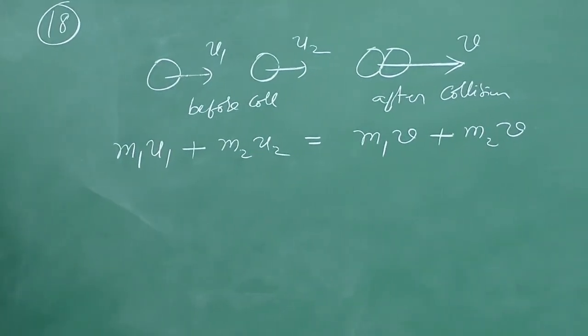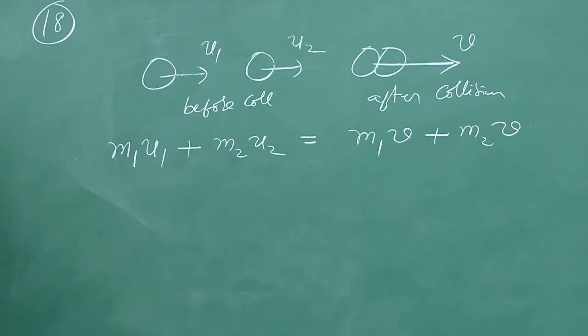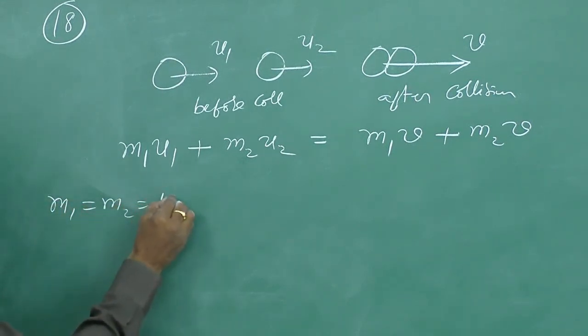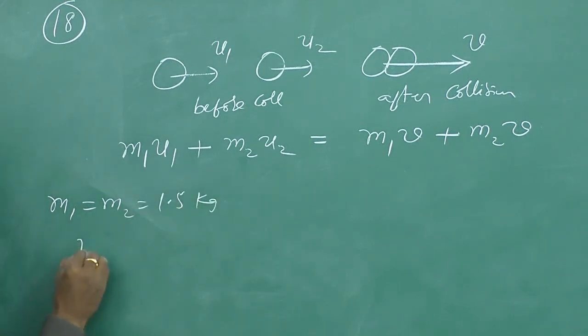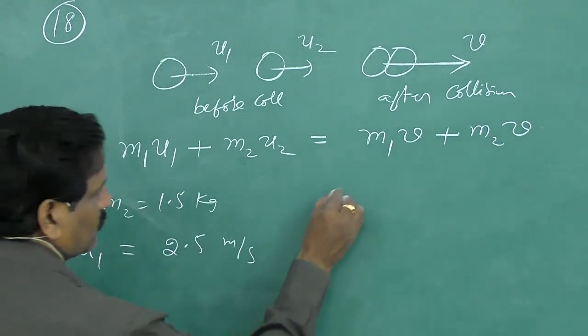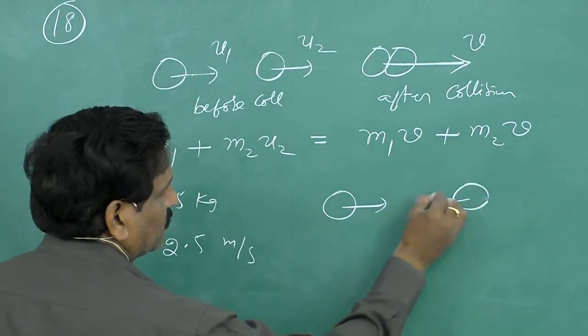So this is the situation, and here masses of the bodies are given as 1.5 kg. So m1 is equal to m2 is equal to 1.5 kg, and velocity of each object is 2.5 meter per second, but here the two bodies move in opposite directions. One body is moving like this, then another body is moving like this.